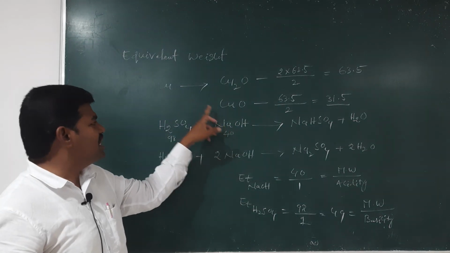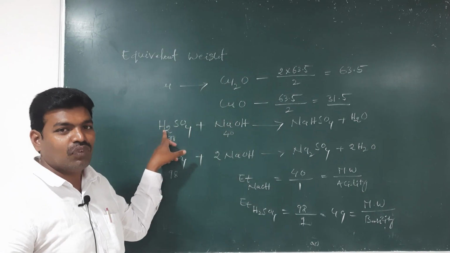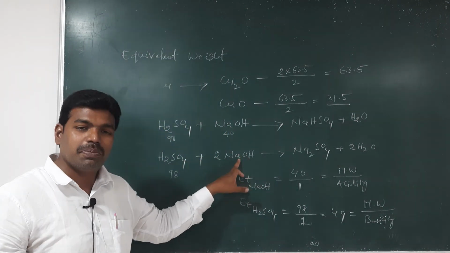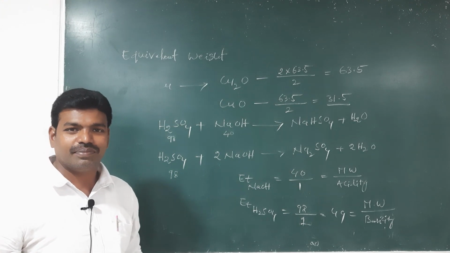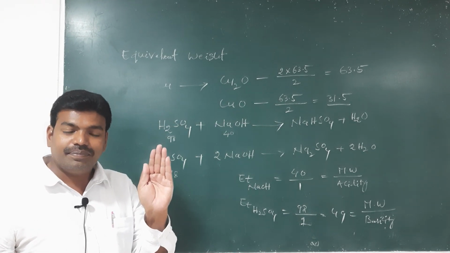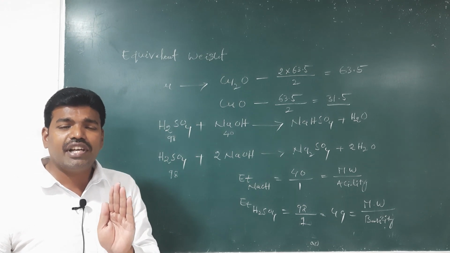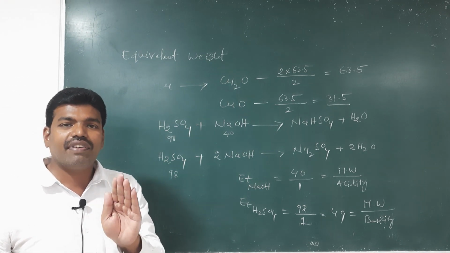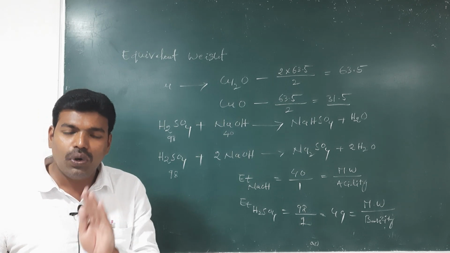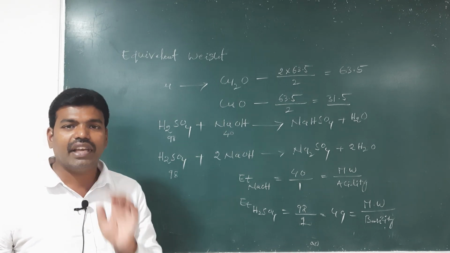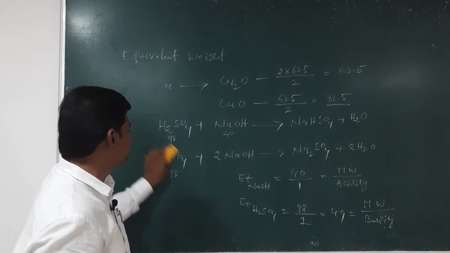Here NaOH displaces one hydrogen: 1 mole of NaOH displaces one hydrogen, 2 moles of NaOH displace 2 hydrogens. So, it combines with or displaces 1.008 parts by mass of hydrogen, 35.5 parts by mass of chlorine and 8 parts by mass of oxygen. Okay, let us go for another example.